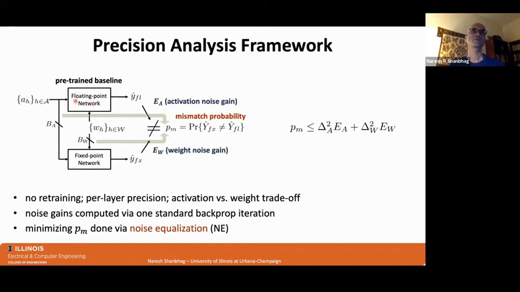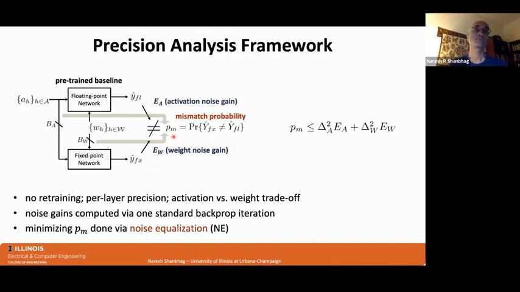We say, okay, now you have this network. Can you design a fixed point network and tell me what is the minimum activation precision and weight precision I should assign so that the mismatch between the decisions made by the fixed point network and the floating point network, when they disagree, that mismatch probability is less than a certain delta, right?